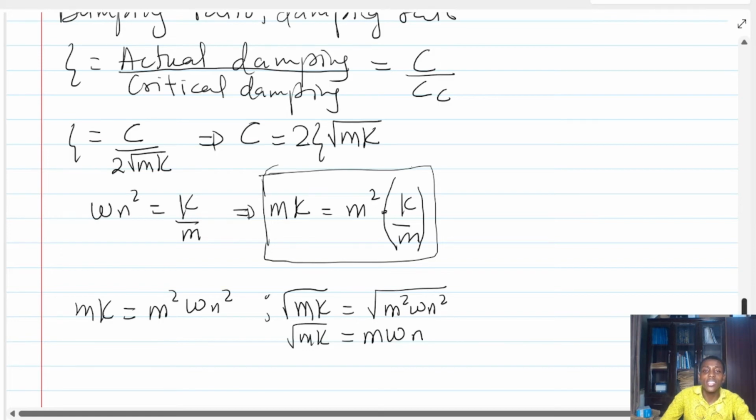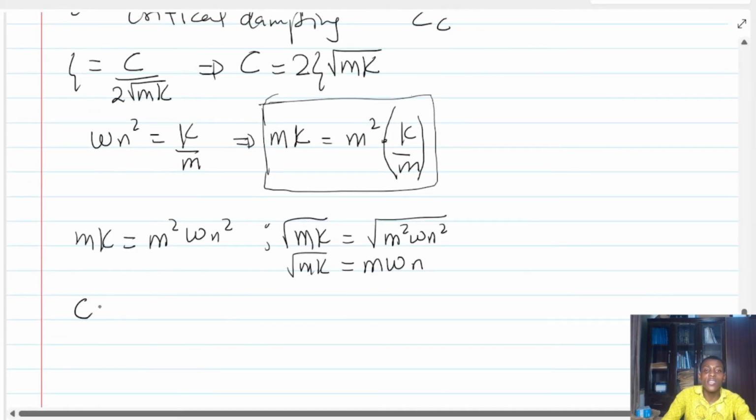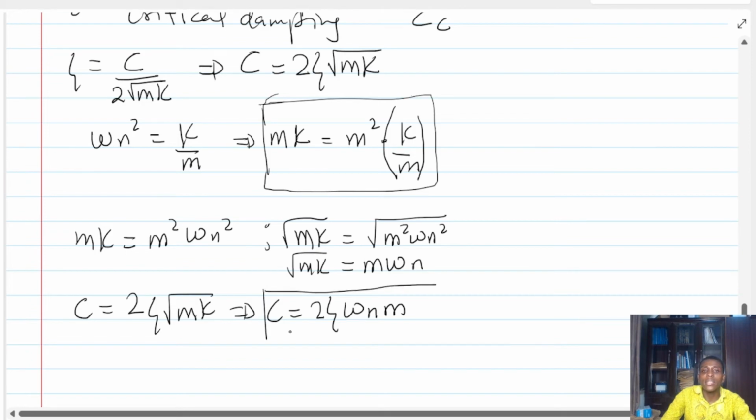This is very interesting. So what this means is that instead of writing 2 zeta root mk, I can also write c equals 2 zeta omega n times m.